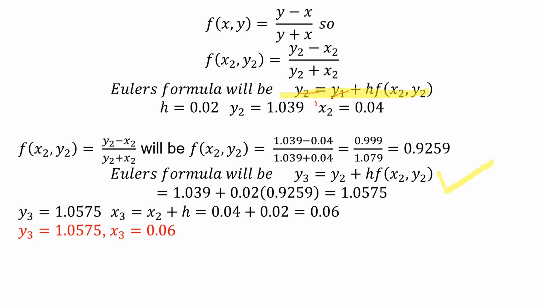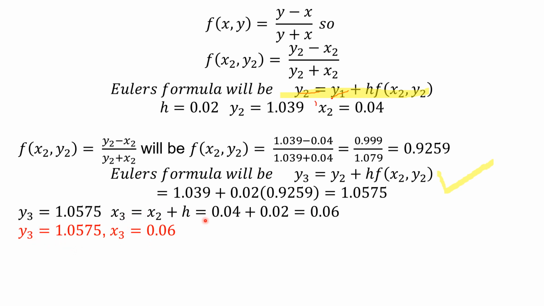So what are the values of y2 and x2 that we already calculated? The value of the function will be put here. This one is 0.9259. So that will be the value of y3, with x3 being calculated.